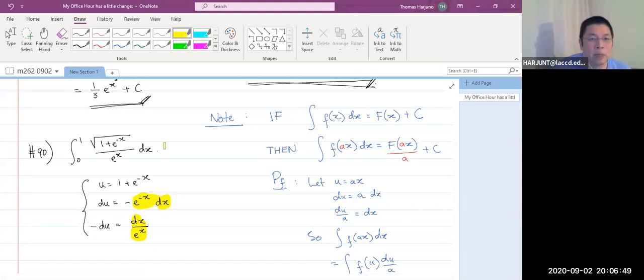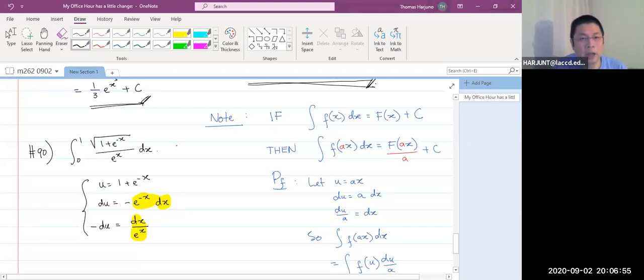But since I do that u-substitution on a definite integral, I also need to change the limits of integration. So u(0) will be 1 plus e to the 0, that's 2. u(1) will be 1 plus e to the negative 1.